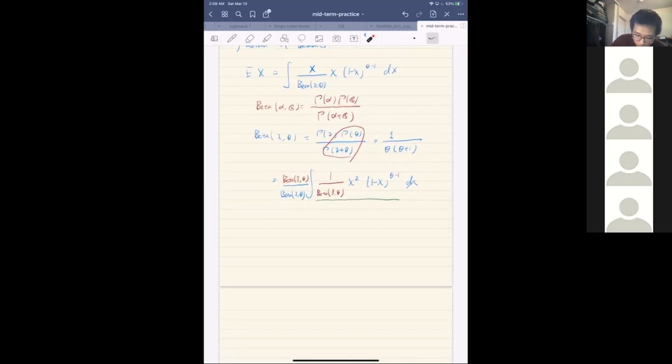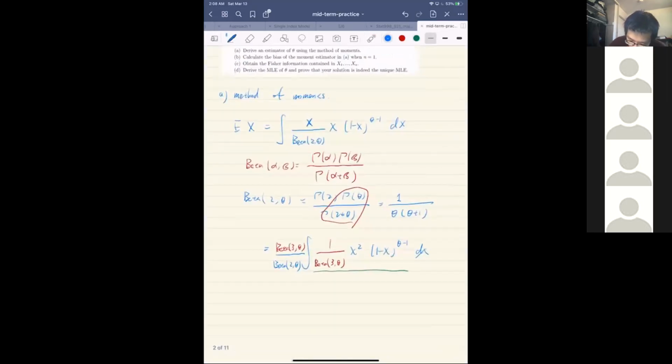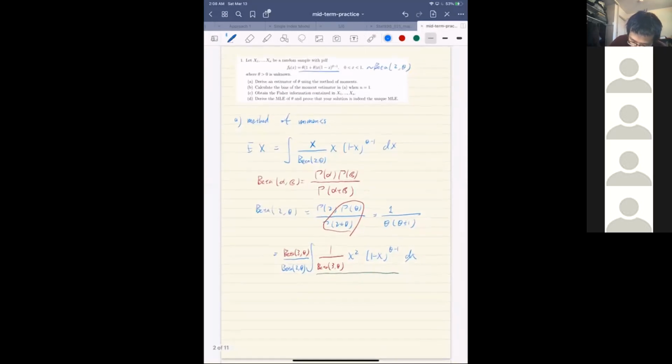But actually, if you know it's a beta, then you know the formula for the average.